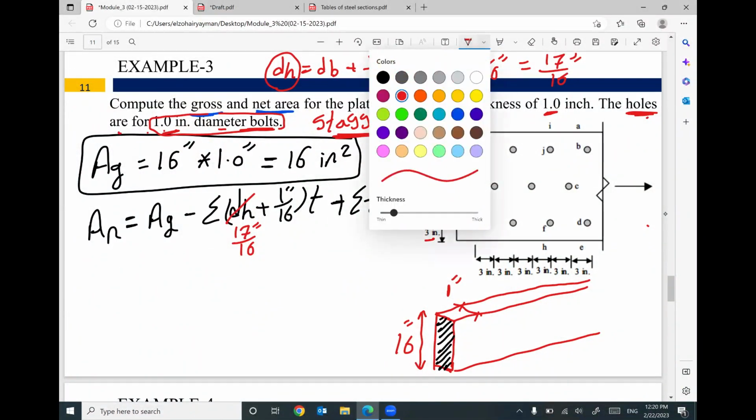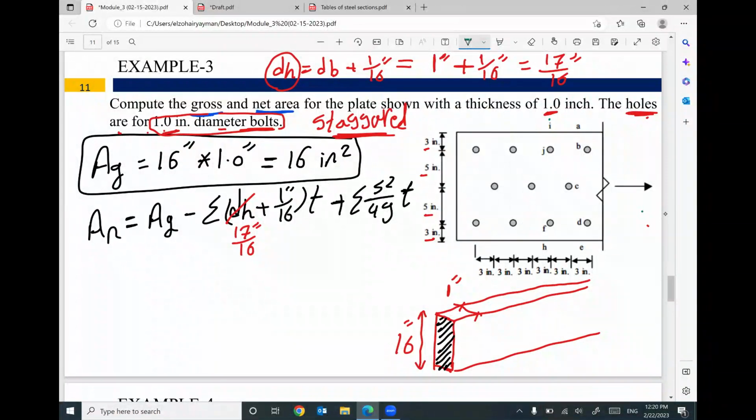Go ahead and draw your cross section like this. Your failure can be like this, or like this, or like this. That makes sense? This is the staggered arrangement.